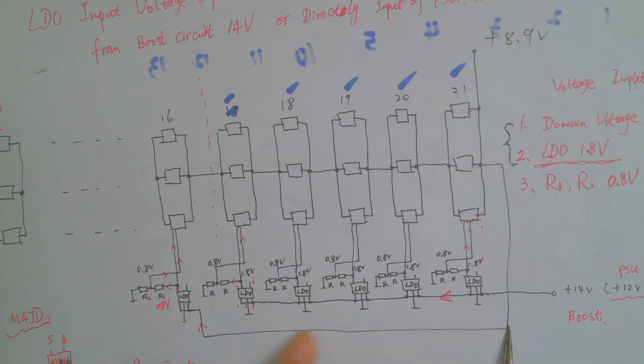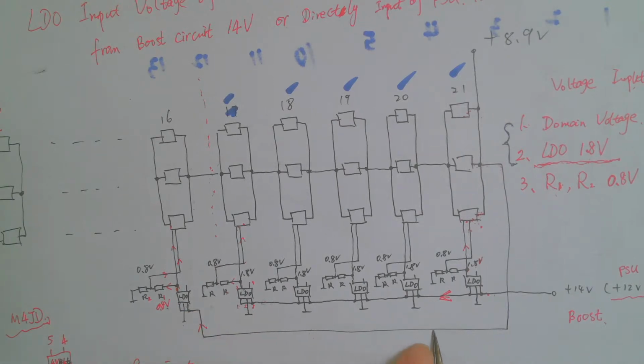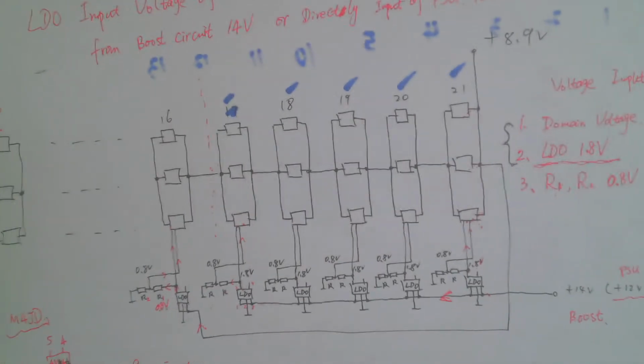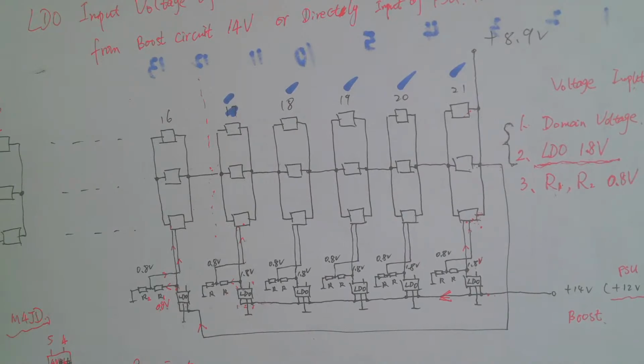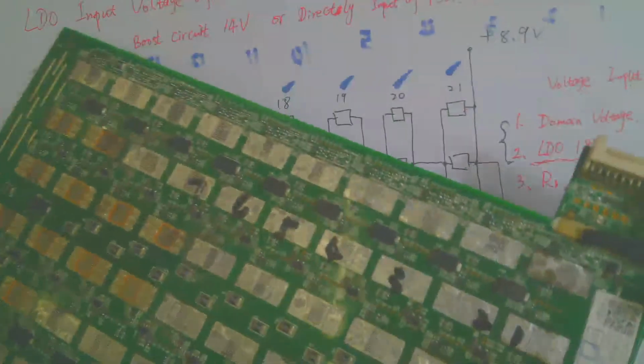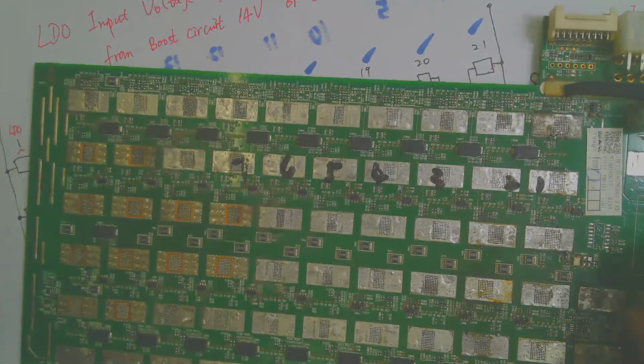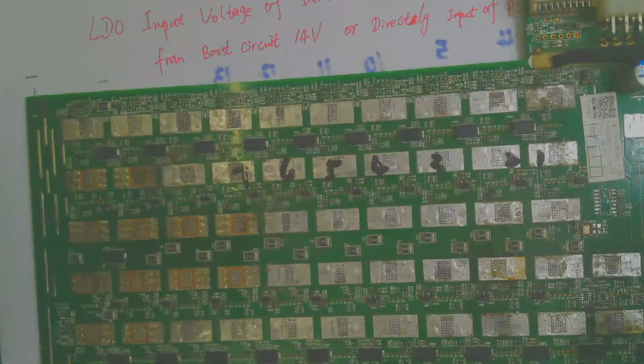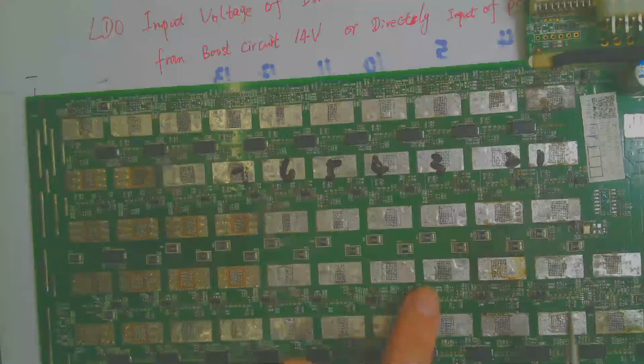But for domain 1 to domain 16, the input is the 6 domain voltages, together around 2.5 volts. You can see from the hashboard.